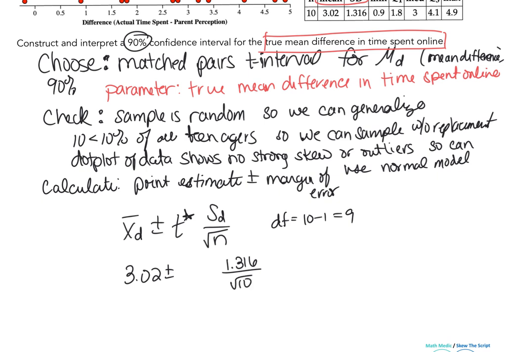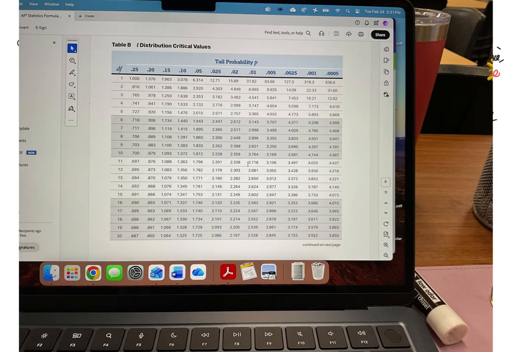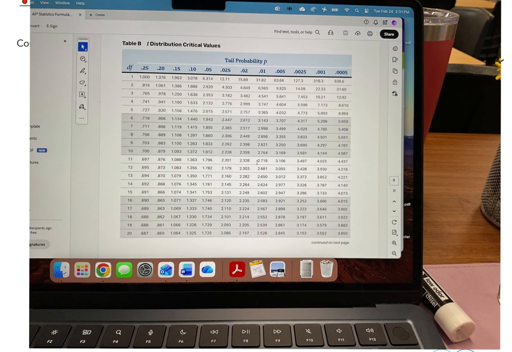Now let's pull in a t table. Okay, so here's my t table. I have 9 degrees of freedom, and I want 90% confident, which, because it doesn't show the percentages at the bottom of this, in a 90% confidence interval, my tail probability is 5%. Okay, so I'm looking at the 5%, that's 90% there for my tail probability.